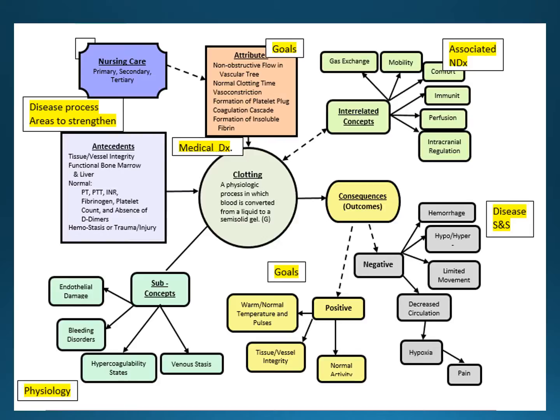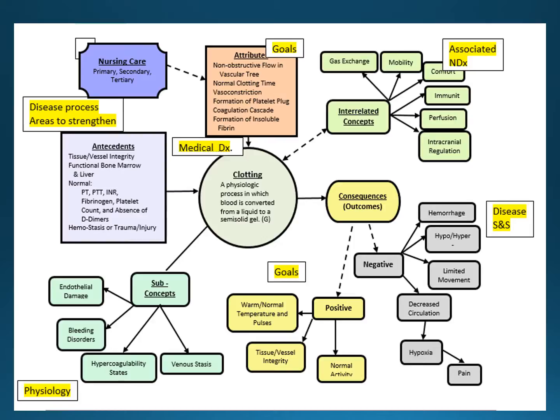The concept map shows our definition, antecedents, which are our processes that we as nurses want to strengthen, the attributes or goals, and positive consequences, which is what we want our patients to look like, as well as the negative consequences, which we don't want them to look like.